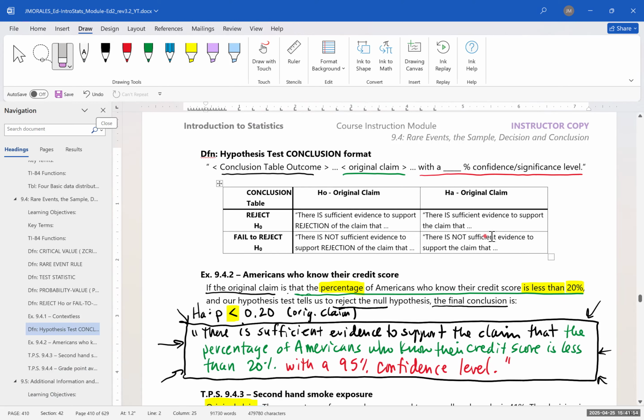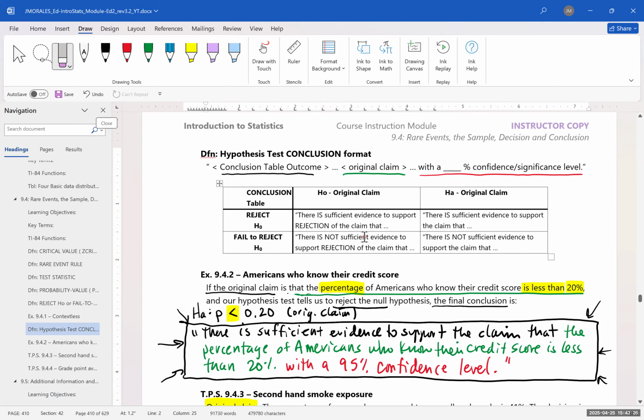So you can see in this row, it says there is sufficient evidence. But then when you go down the column, it adds the word rejection. Whereas in this column for the alternate being the original claim, that word rejection is missing. So here there is sufficient evidence to support rejection of the claim. And then here it says there is not sufficient evidence to support rejection of the claim.